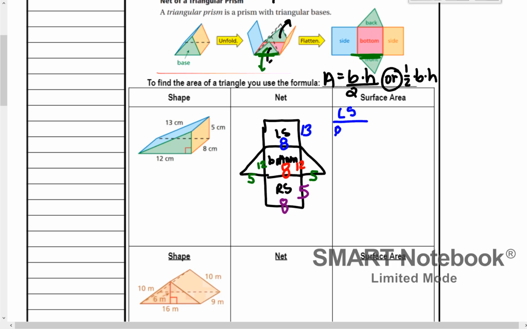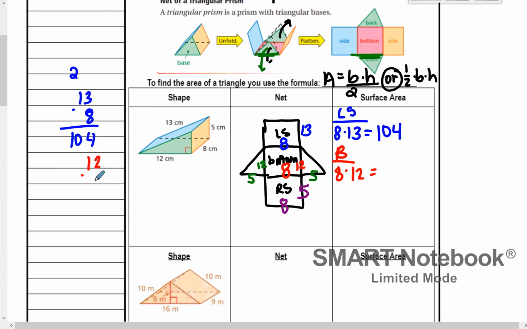We have 8 times 13. We can pull over to the side if we're not sure. That would be 104. Then we have our bottom, which is 8 times 12.